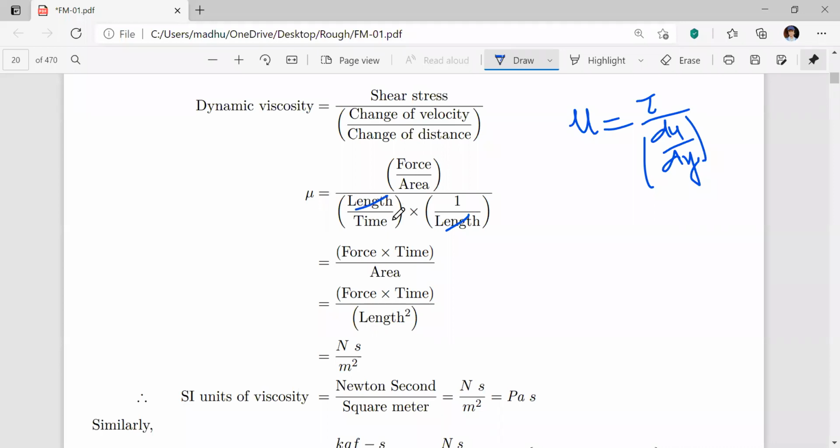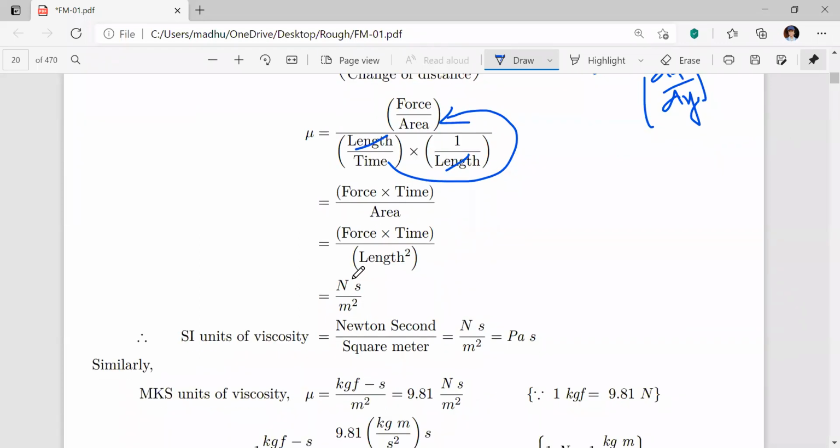Time, when you take it above, comes here: force into time by area. So the denominator vanishes, and only force by area multiplied by time will be there. Now area is nothing but length into length, that is length square.